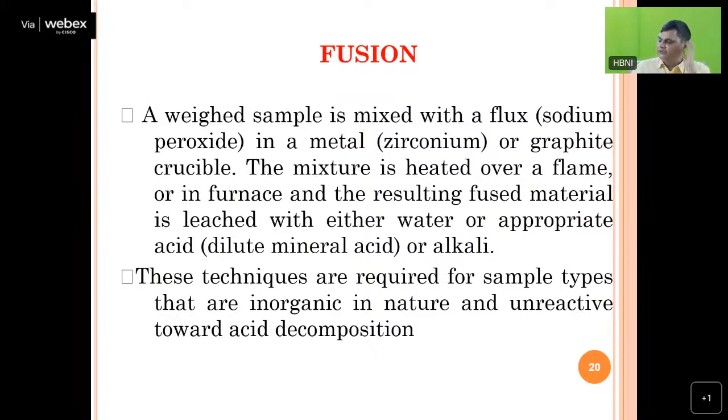The last resort, whenever neither dry ashing nor wet digestion nor microwave digestion helps, is that we have to perform the fusion. Fusion is the last resort, and analytical chemists use it only at the last, because there are certain types of inorganic samples which are very unreactive to acid decomposition.